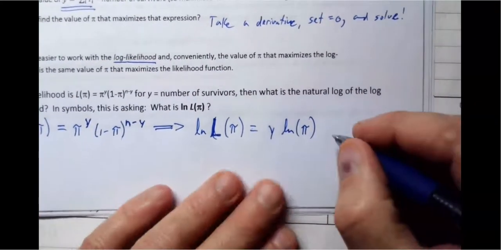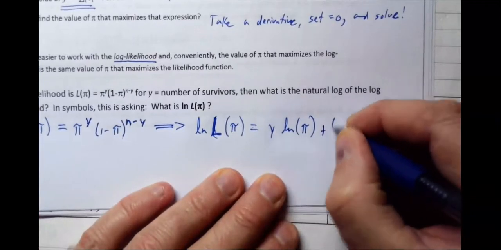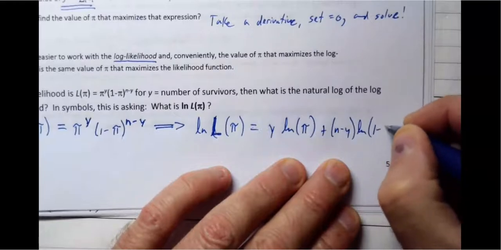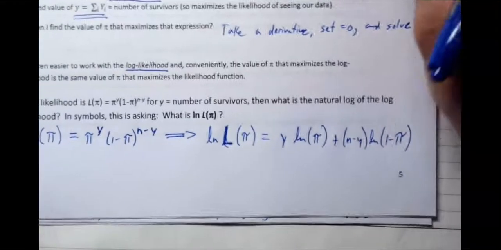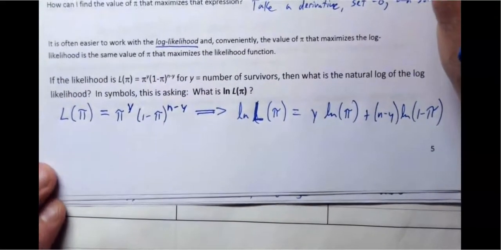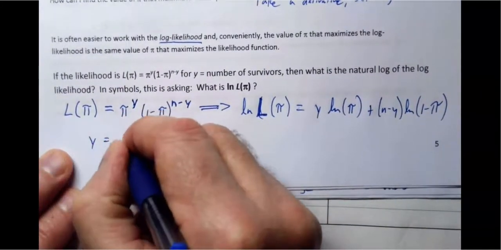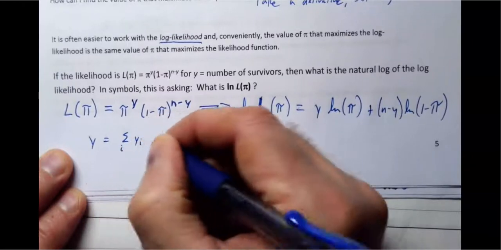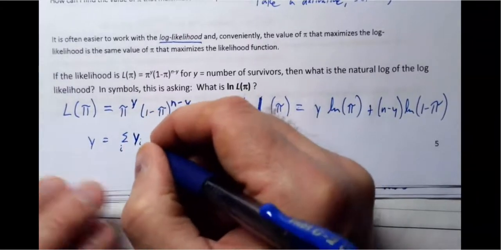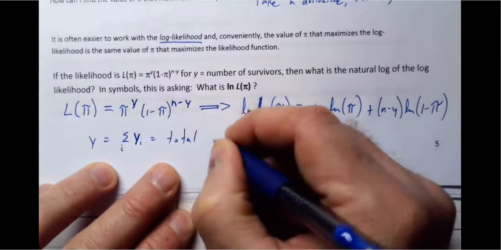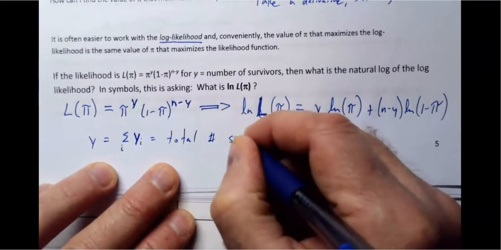Similarly, we can bring this exponent down, plus n minus y times the natural log of 1 minus pi. Remember again here, y is equal to the sum over i of my big y's, the 0, 1 y's. So y here, I'm just calling my total number of successes.